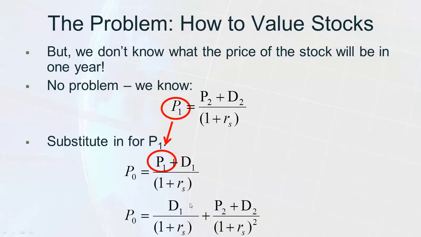Okay, so just looking at this one, look at this D1. D1 is your first cash flow. P2 plus D2 together is your second cash flow. Okay, so you're going to discount those cash flows and find the present value. There is no difference, we are just applying the time value of money concept here to find the stock price.